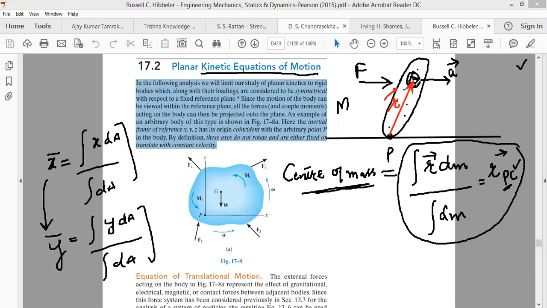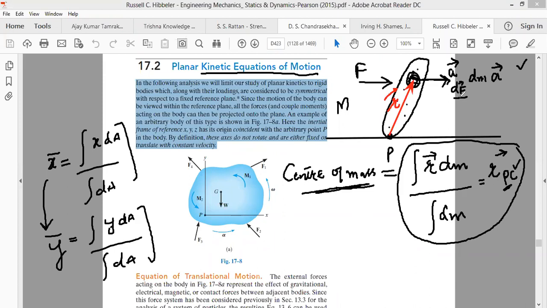Therefore, the force acting on this small element will be equal to its mass dm multiplied by the acceleration vector a, and that force will be in the direction of the acceleration. Let's suppose that small force is the vector df.